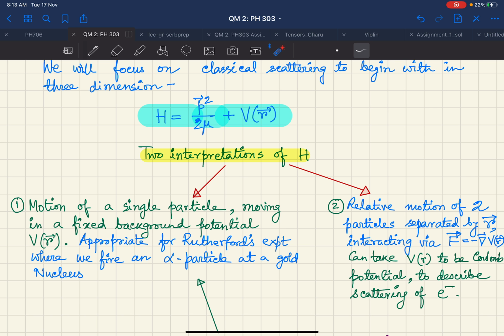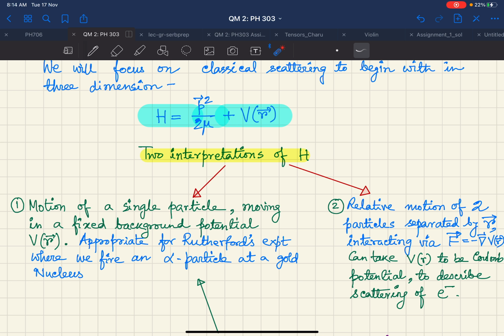There you remember that Rutherford did this experiment to study the gold nucleus, and on the gold nucleus he had fired some alpha particles to figure out what is there in the gold nucleus and what are the results of the scattering. So this kind of scenario is best described by this Hamiltonian being treated as the motion of a single particle moving in a background potential V(r).